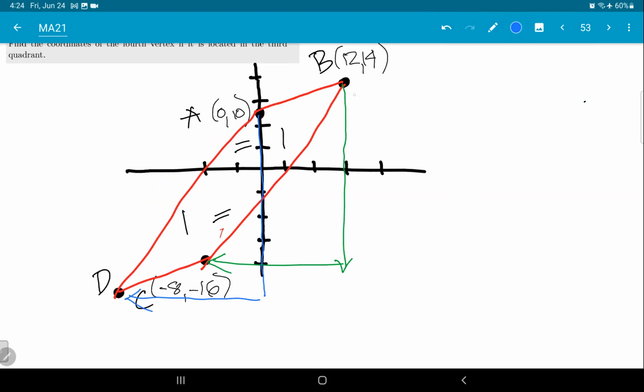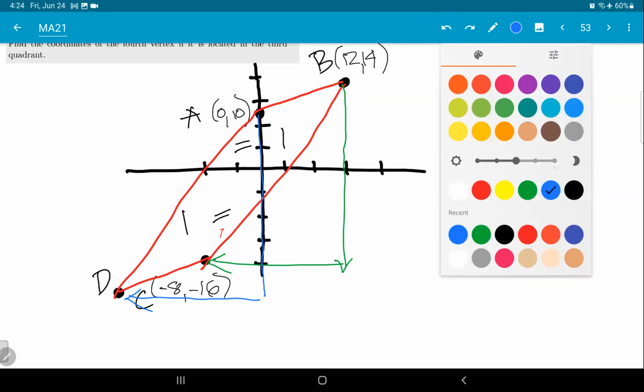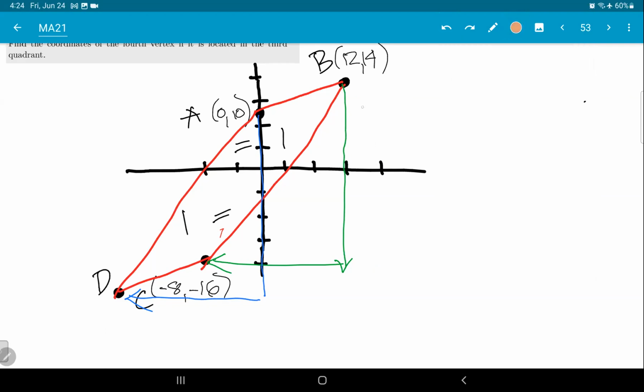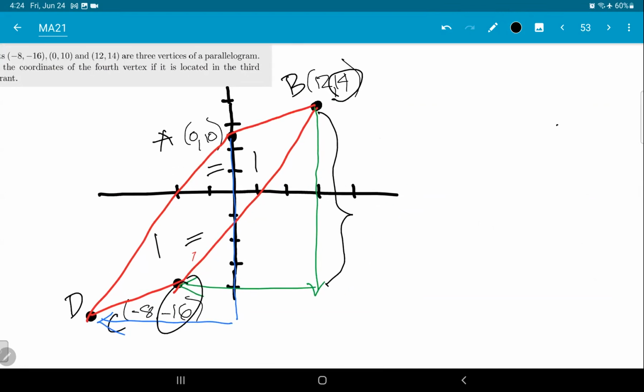Parallelogram kasi yan. So you count this. Ilan yan? Ilan yan? Ito. Tignan nyo lang yung y coordinates. Ilan yan? Subtract, right? 30, yes. Negative 16. 14 minus negative 16.